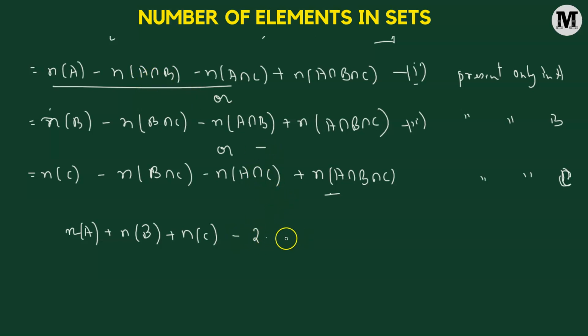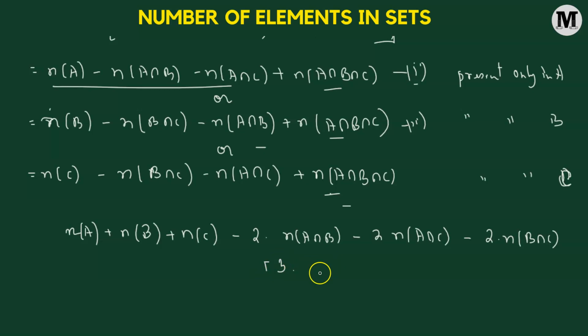So we have 2 times the number of elements in A intersection B. Similarly, the elements in A intersection C also repeat twice, and then we have 2 times the elements in B intersection C, and we add all these 3, then we are going to get plus 3 multiplied by the total number of elements in A intersection B intersection C. So this is how we can calculate the total number of elements present in exactly one set only.